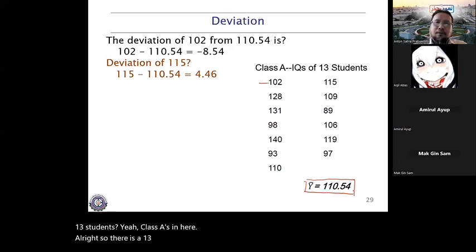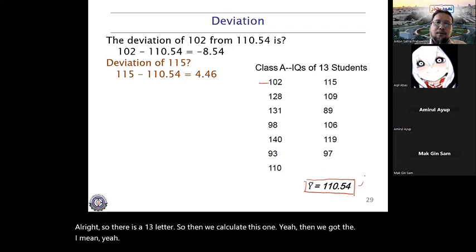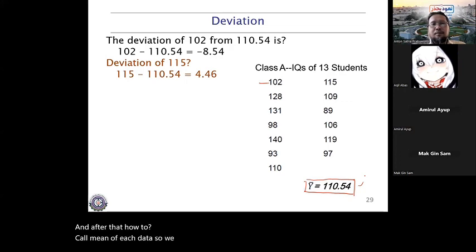Then we calculate this one and get the mean here. After that, to get the deviation of each data point, we just deduct the mean, 110.54, from all the data here.